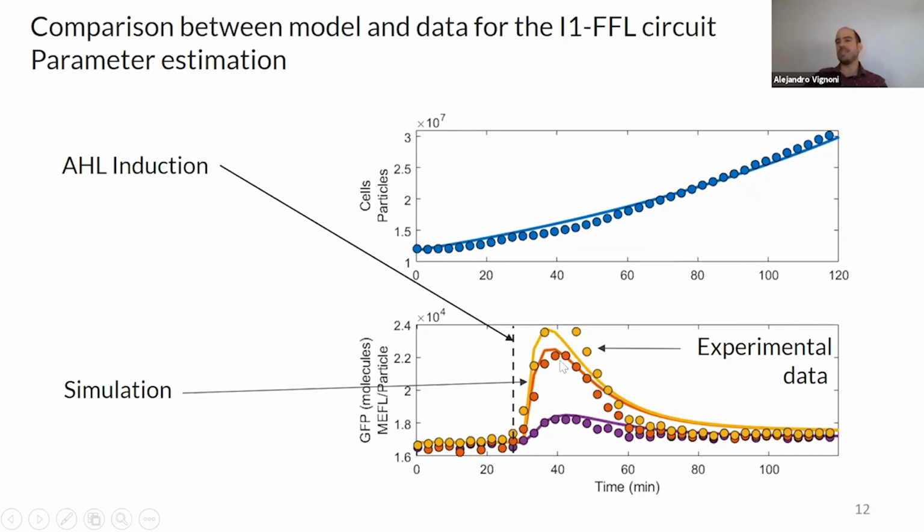What is important is that we are not fitting the curve, but we are fitting the mechanistic information that we put into the model when we built it. We are comparing that with the experimental data that we get from the lab. So that's very interesting. And to make a summary of what we learned today, this is the last slide.